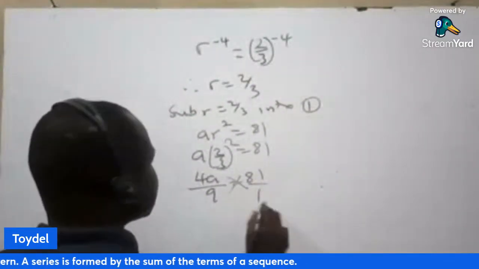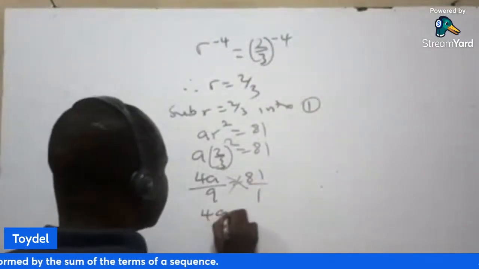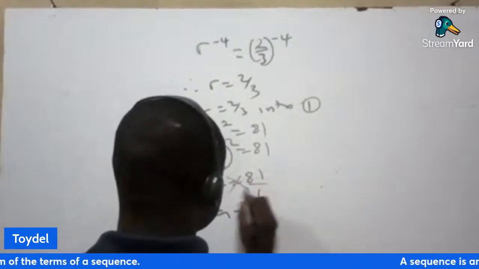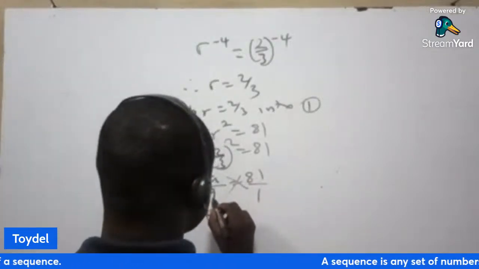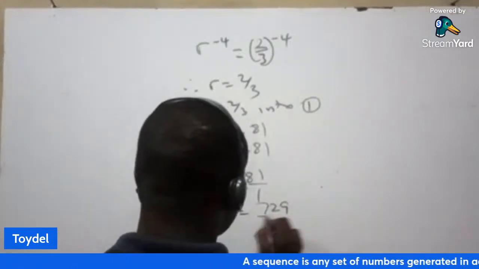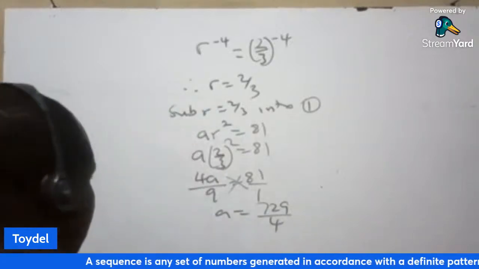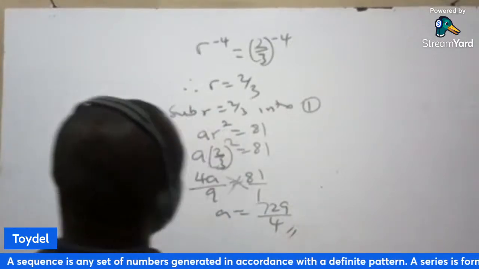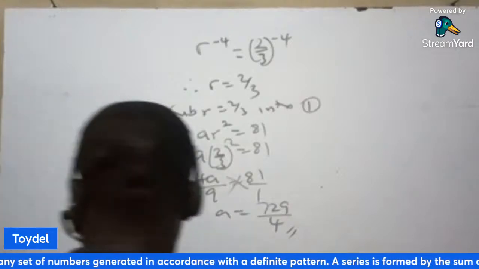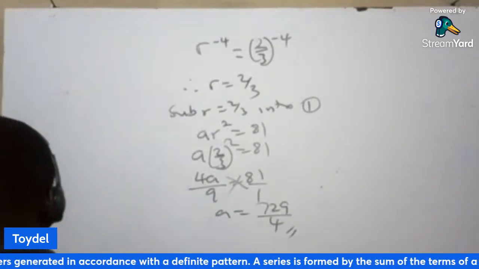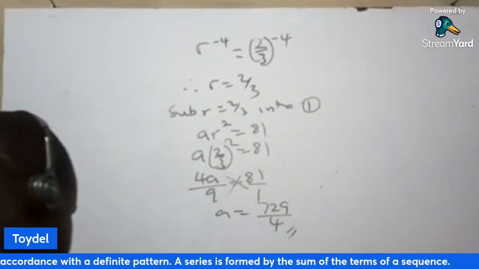When we cross multiply, we are going to get 4A to be equal to 81 times 9, that's 729 all over 4. And that's A is equal to 729 all over 4. And that is the first term that we are asked to find. We have to find the first term and the fifth term.